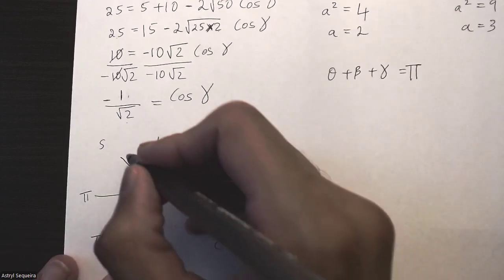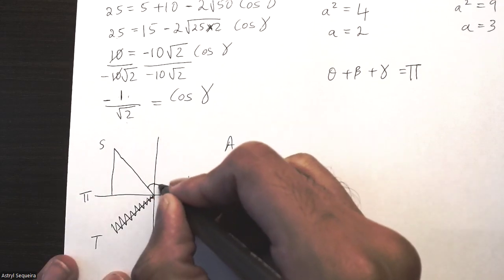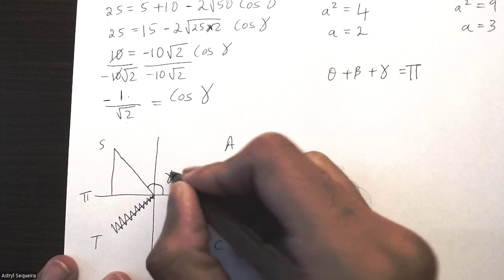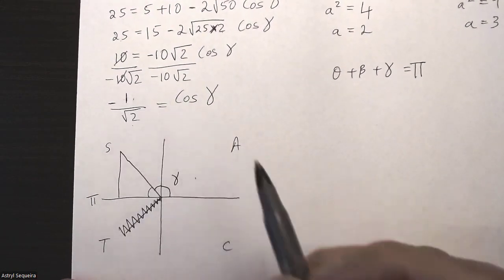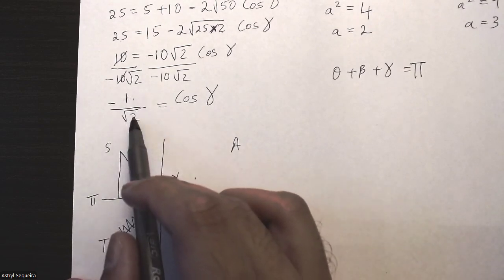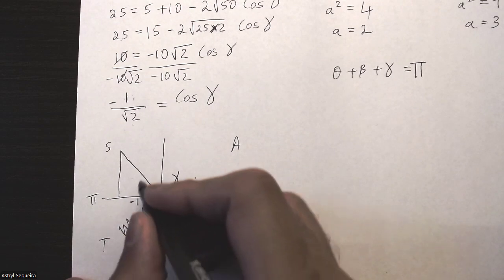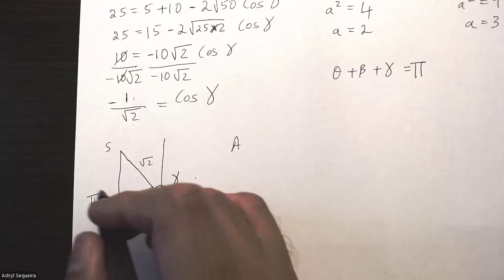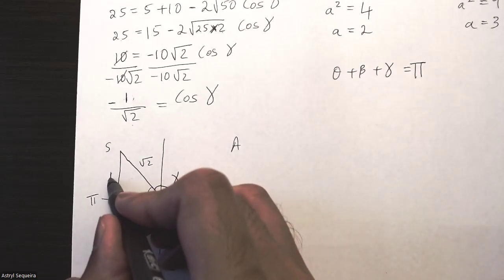So now I'm going to draw my triangle over here. That is angle gamma over there. Looking at the related acute angle, I can set my ratio now. So cos is adjacent over hypotenuse. So my adjacent is -1. My hypotenuse is root 2. And then this also, if you remember your special triangles, it's 1.